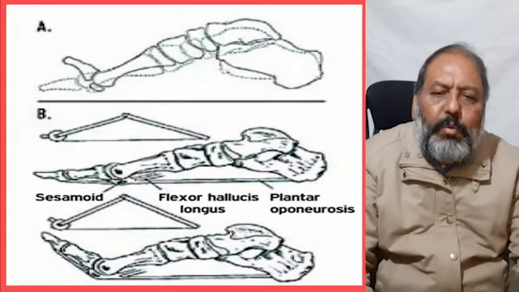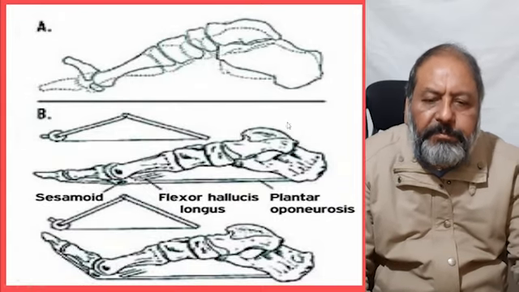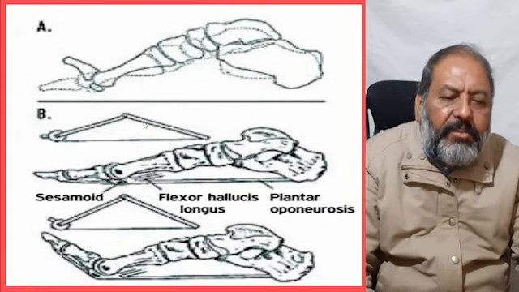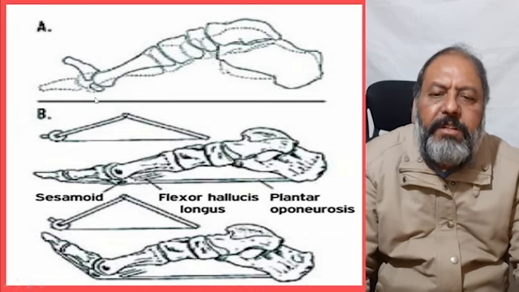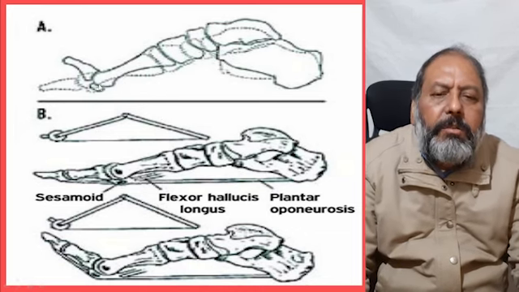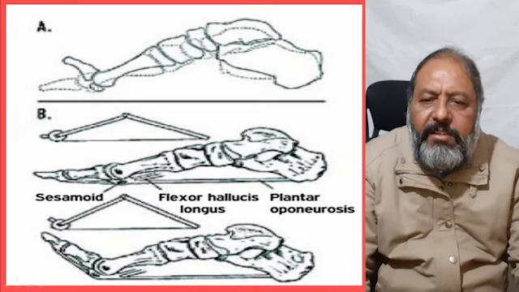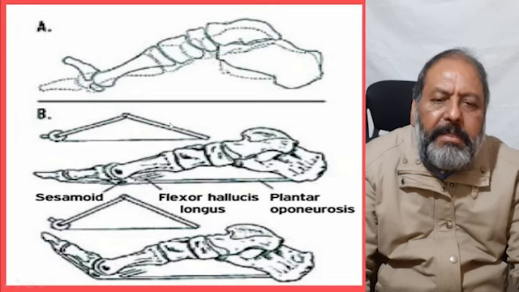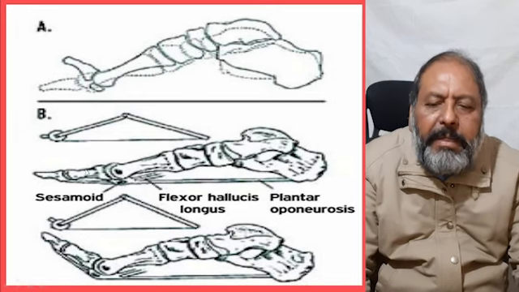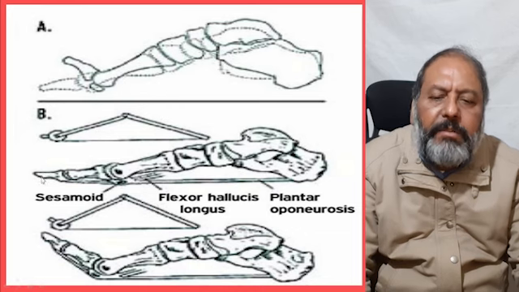And here one can see the flexor hallucis longus. If you just make the foot like this, the triangle will be larger, and here one can see the big toe lying flat on the ground.